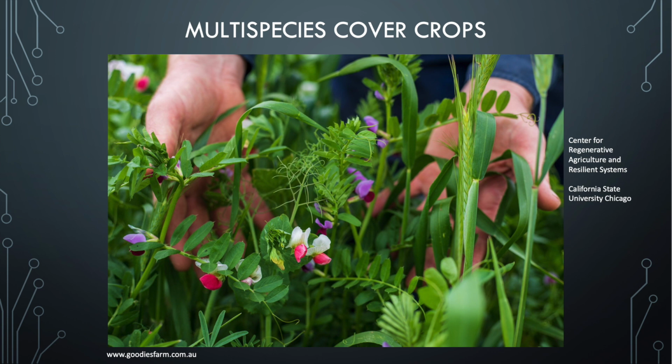And if you want to see some awesome examples of what using multi-species cover crops results in for farmers, check out the Center for Regenerative Agriculture and Resilient Systems on the California State University Chico website under the section of cover crops.